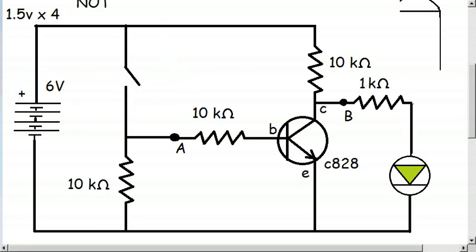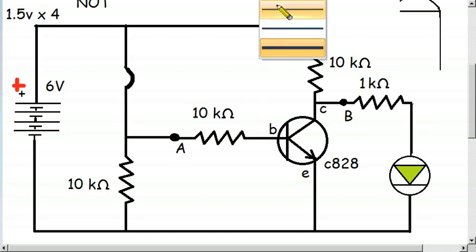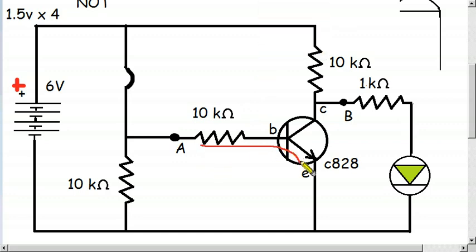Then if you connect this switch like this, what happens? This battery positive connects with this base, and there is a base current.